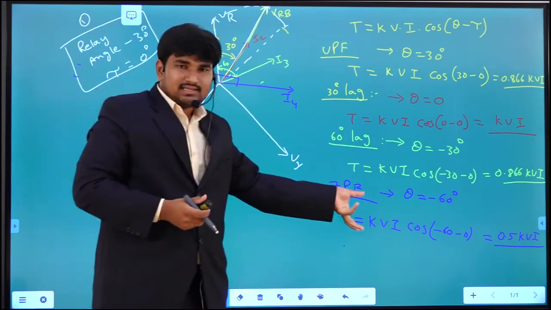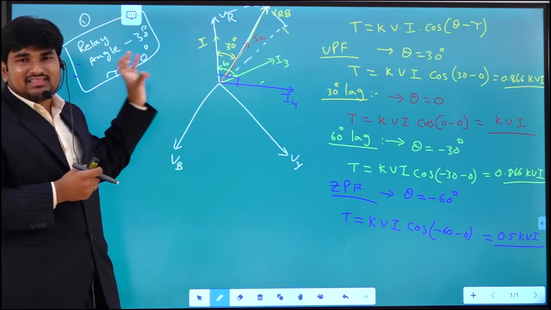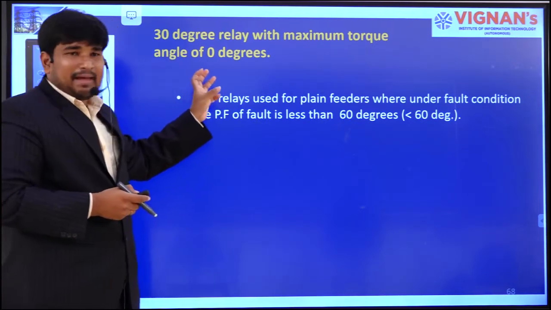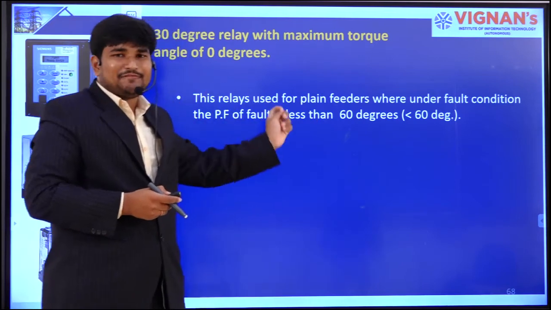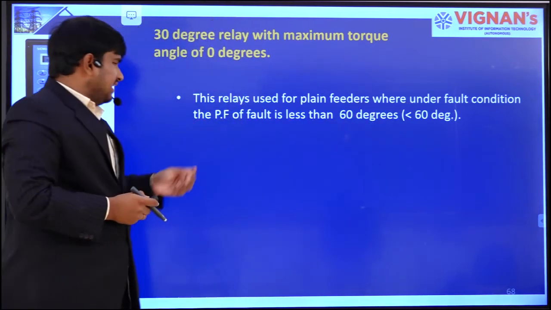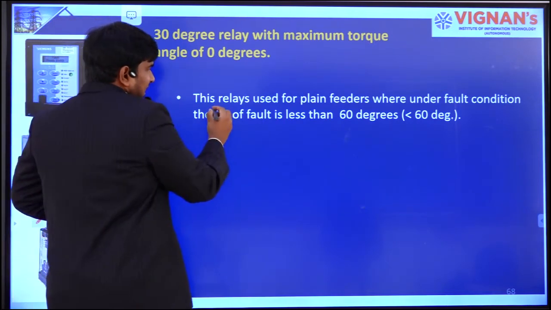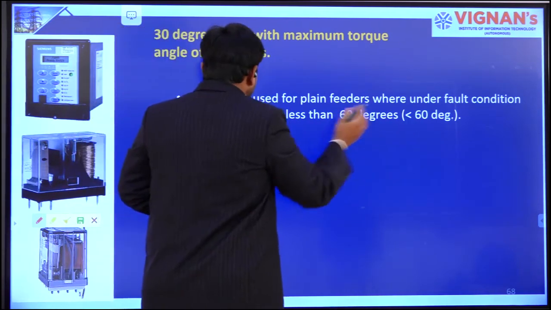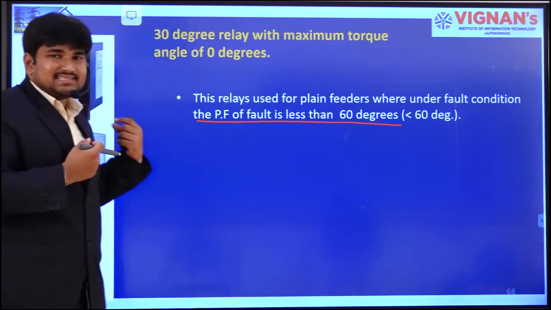So that is the drawback in case of relay angle of 30 degrees. For 30 degree relay angle with maximum torque angle of 0, this relay is used only for plain feeders where, under fault condition, the power factor angle of faults is less than 60 degrees.